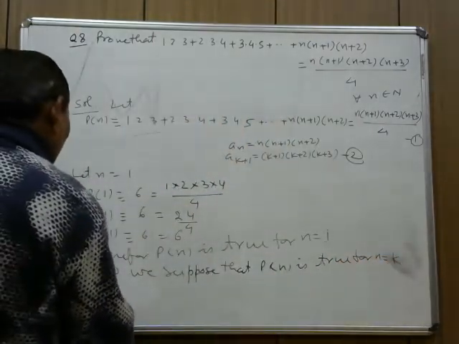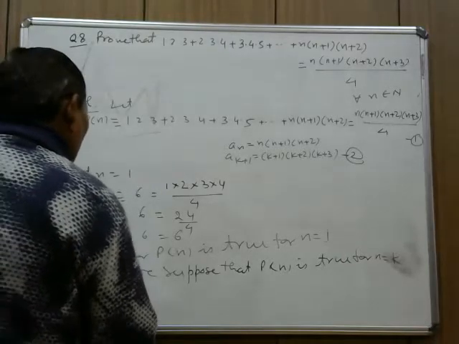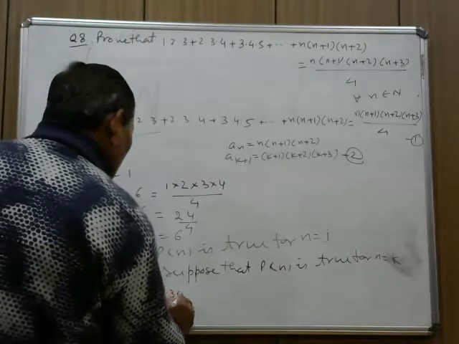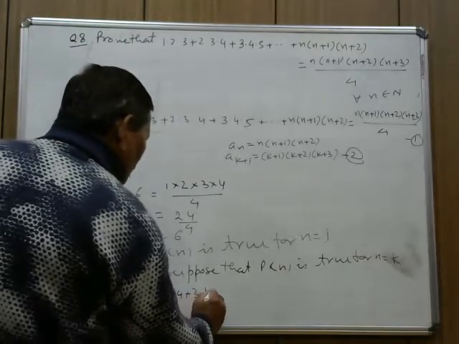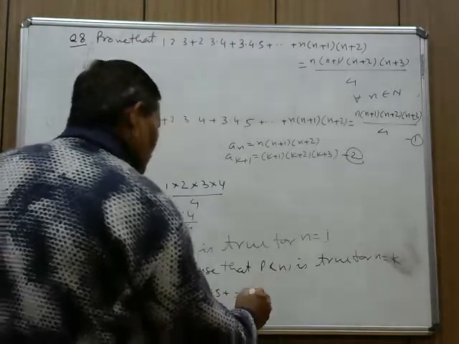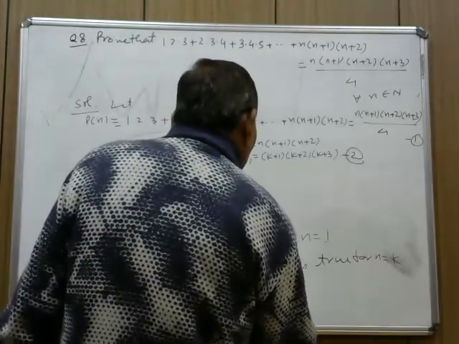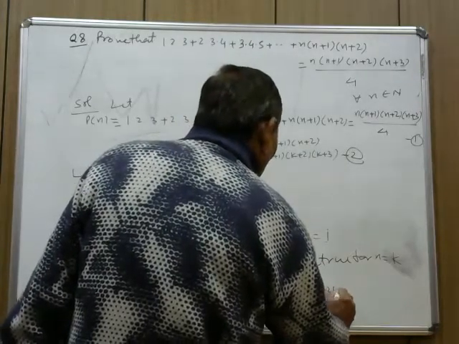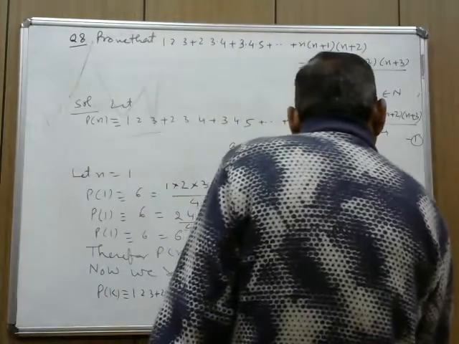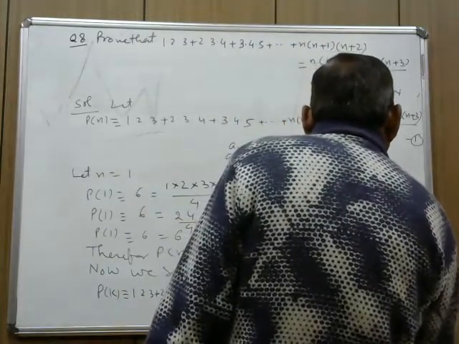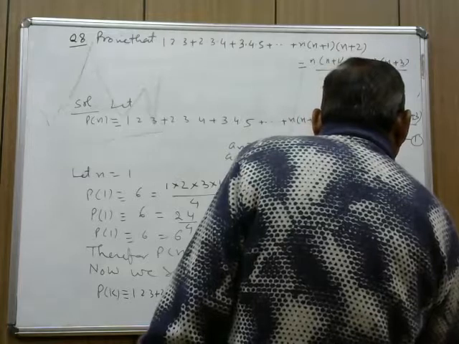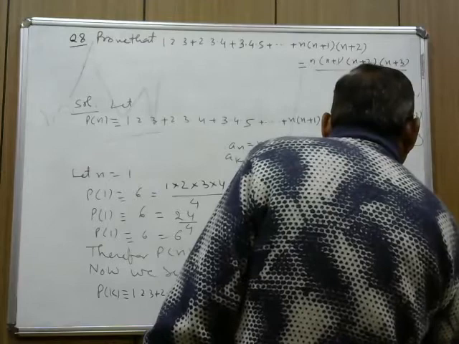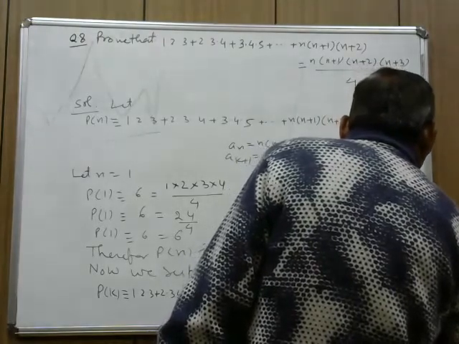So you can write your Pk as 1 into 2 into 3 plus 2 into 3 into 4 plus 3 into 4 into 5 plus and so on plus k into k plus 1 into k plus 2 equal to k into k plus 1, k plus 2, k plus 3 by 4. This is 3.